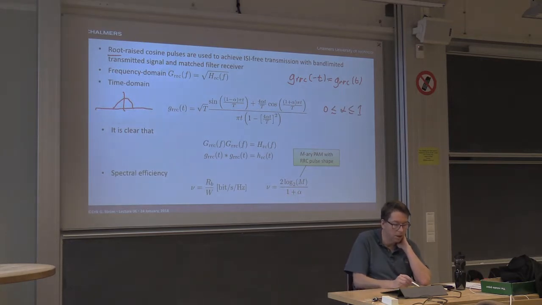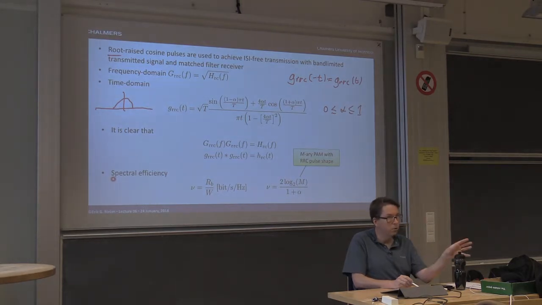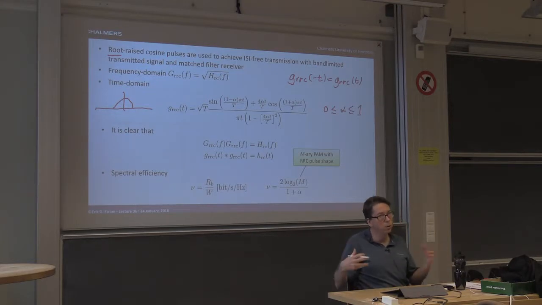Now the second thing, so that's about root raised cosine pulses. Now let's look at the spectral efficiency. Okay, so what is that? Well, it's some number that tells us how good we are at using the bandwidth of the channel.